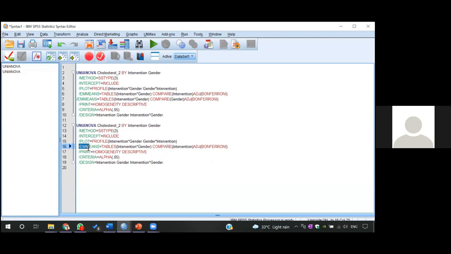Now you want a similar simple main effect for BMI cat, not the BMI, but rather the gender. So now I will replace this intervention with gender. So my syntax is now complete.